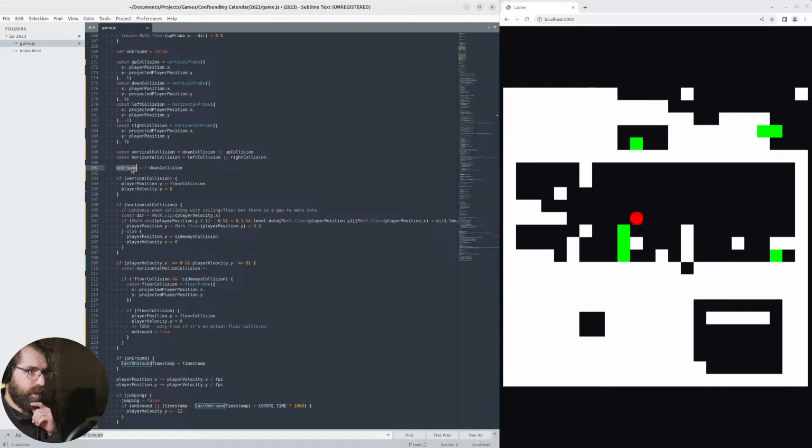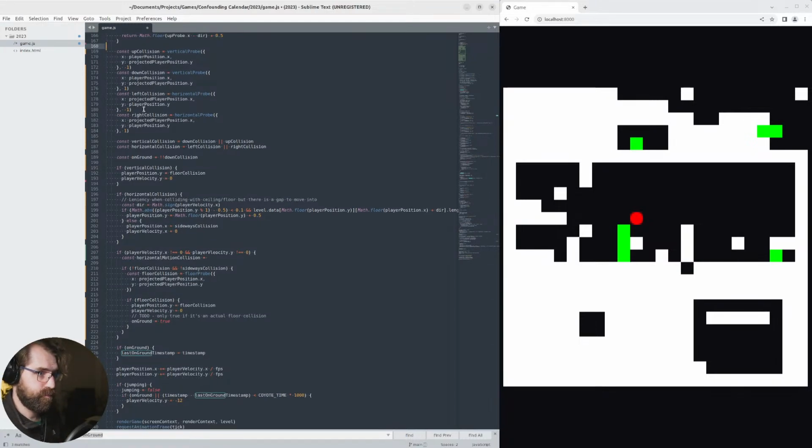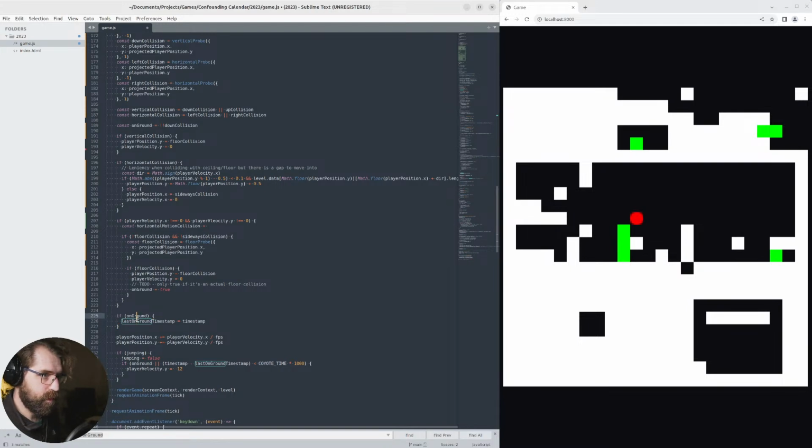Then, wait, where does it? Oh, so I'm going to set there. Okay, and so it's this bit I was working on. If we're moving in both those directions, then the horizontal motion collision is going to be: if this is greater than 0, then it's the right collision, otherwise the left collision.